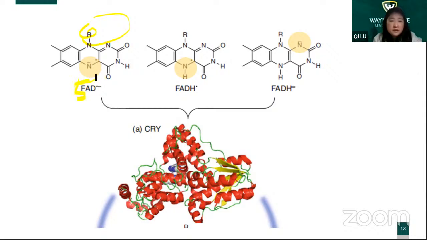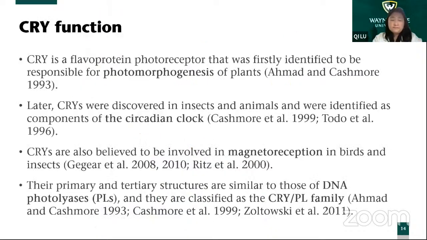It can carry an electron with negative charge, or add a proton, or the electrons move to this side, position 1, this nitrogen part. All this movement of the electron will cause different wavelengths of emission or absorption.